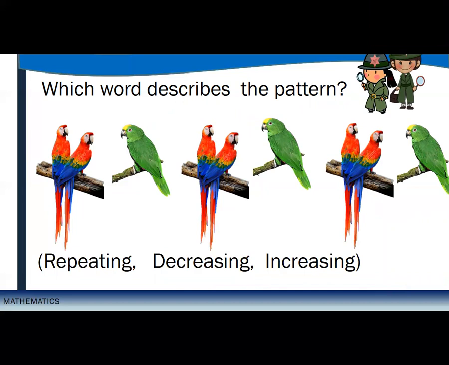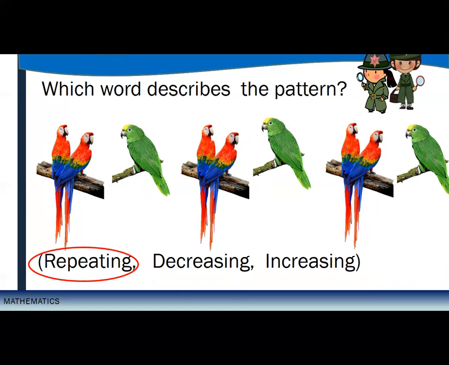Which word describes this pattern, boys and girls? Wow, that's excellent. This pattern is a repeating pattern. Wow, boys and girls. A repeating pattern does the same thing over and over again.